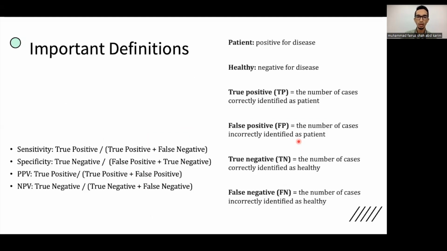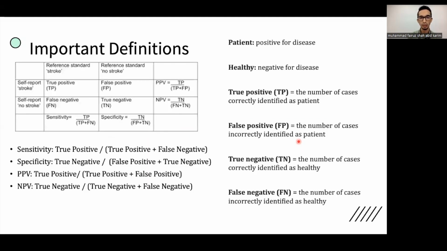Okay, so this is just what we have discussed. These are the definitions of sensitivity and specificity. Again, the patients who tested positive in this column belong to this column. This is called the patient. They tested positive, and they are the ones with the disease.